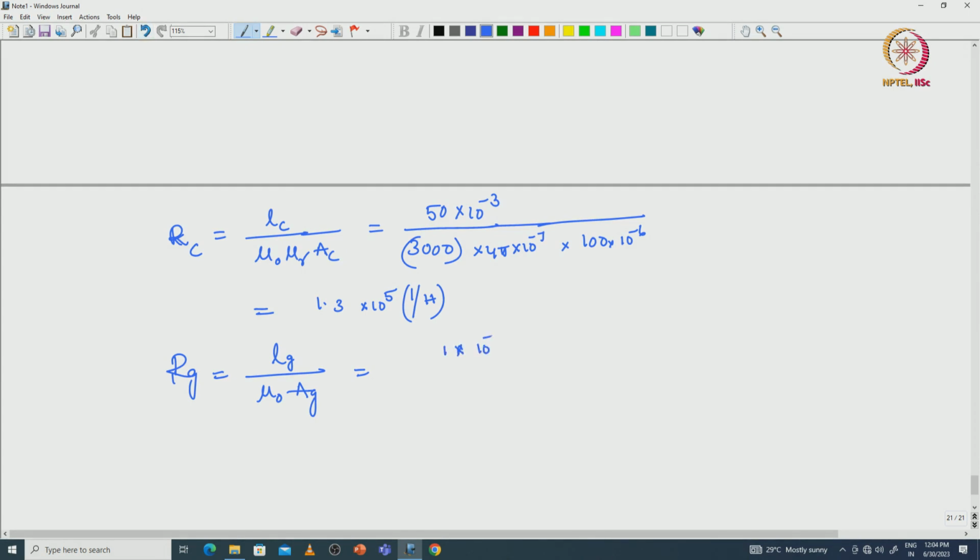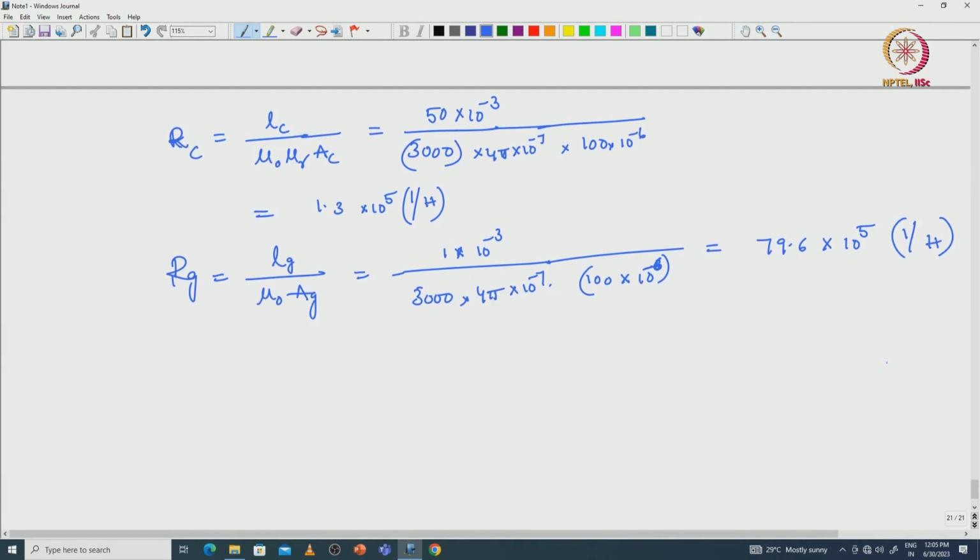So, 1 into 10 power minus 3 divided by the same numbers, 3000, 4 pi into 10 power minus 7. The air gap cross sectional area is also the same as the core cross sectional area, neglecting the fringing effect, 100 mm square. Then the air gap reluctance will be 79.6 into 10 power 5 1 by Henry.